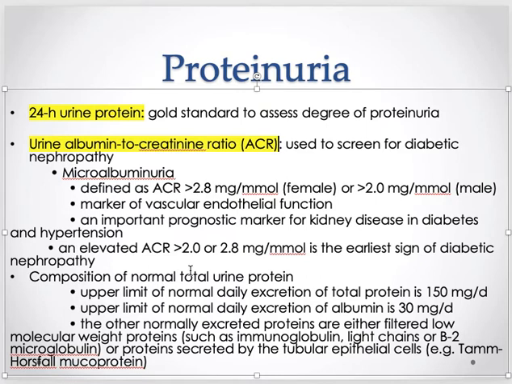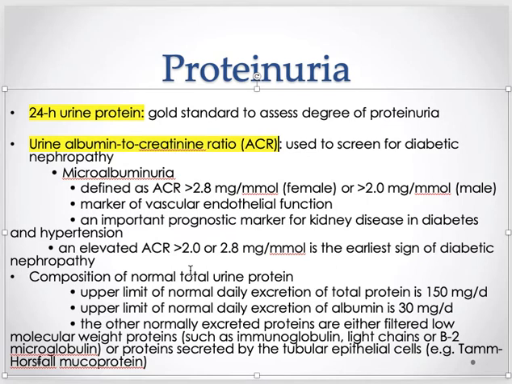What they do is a ratio from albumin to creatinine. Whenever the albumin levels are increased in the urine, it means more and more protein the person is losing in the urine, right?